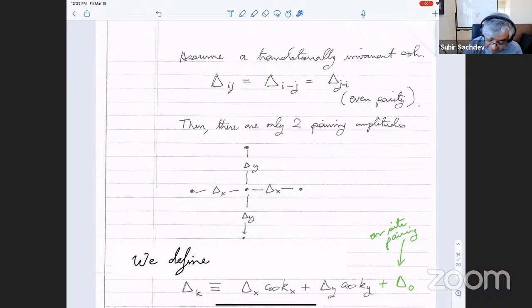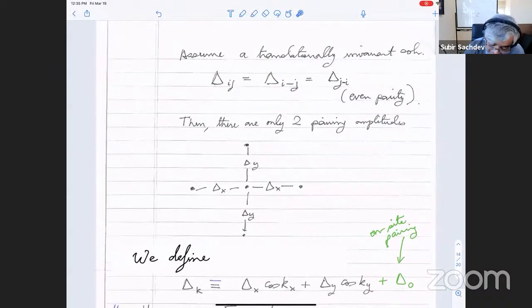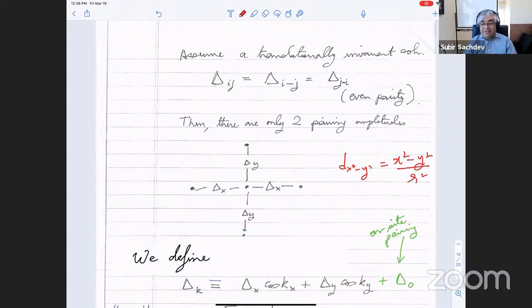It's called D-wave pairing because, roughly speaking, if I look at the d_{x squared minus y squared} wave function, you may remember that that's just x squared minus y squared over r squared. This wave function changes sign when you rotate by 90 degrees. So that's why it's called D wave, not literally that it's actually this function. There is a better name for it in the crystallographic terminology, but I don't remember. I think it's B1g or something like that.